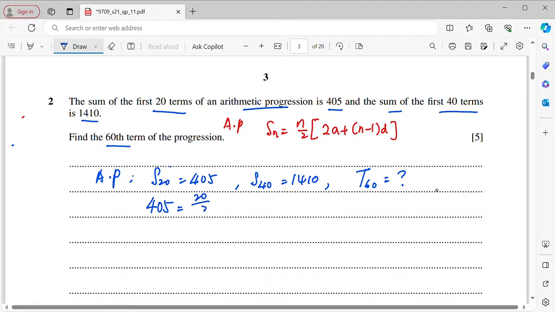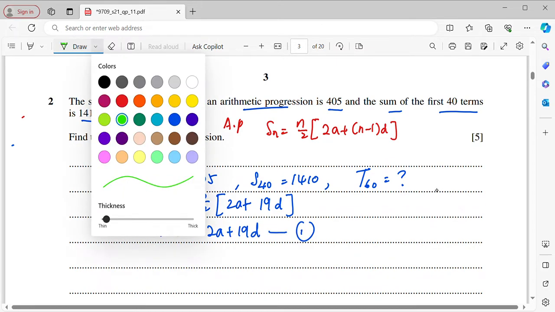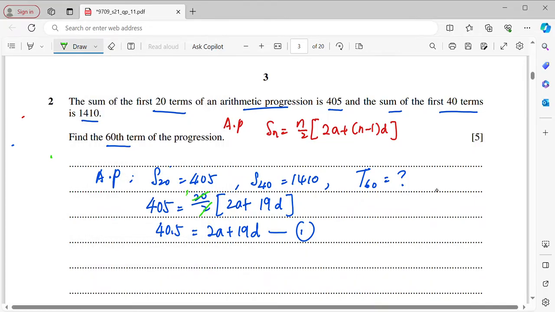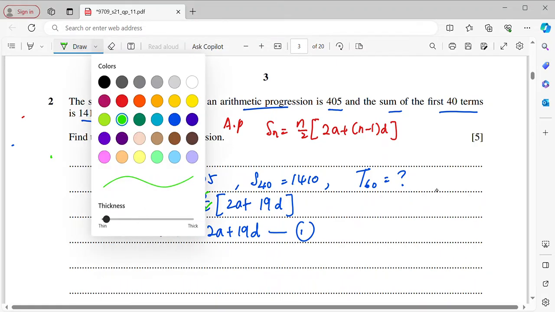So 20 over 2, 2a plus (n minus 1) becomes 19, then multiply with d. Then when we simplify, I will get 40.5 equals 2a plus 19d. That is the first equation. Because the 20 over 2 is basically 10, this 10, you move it to the left side.